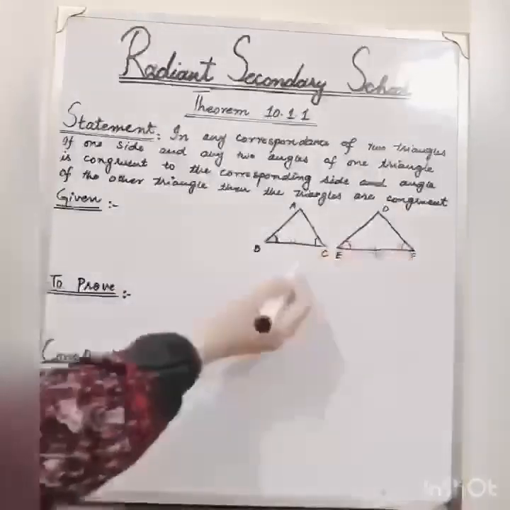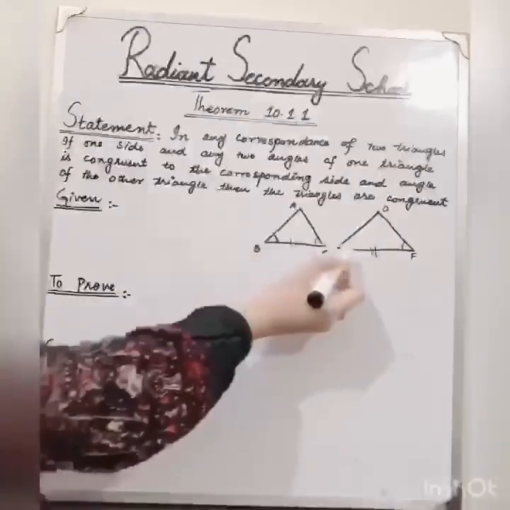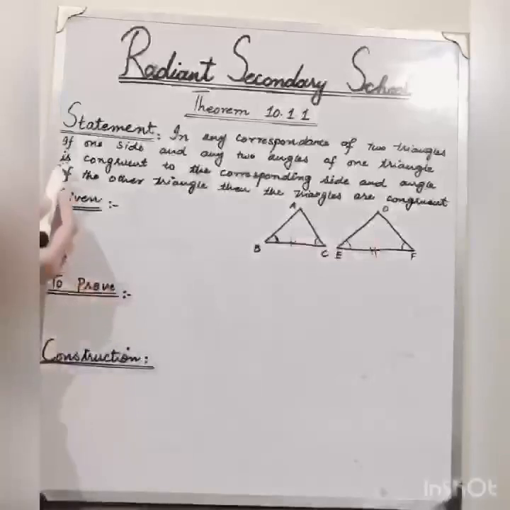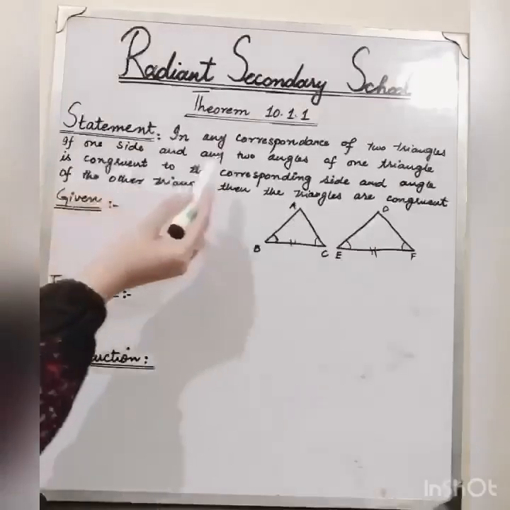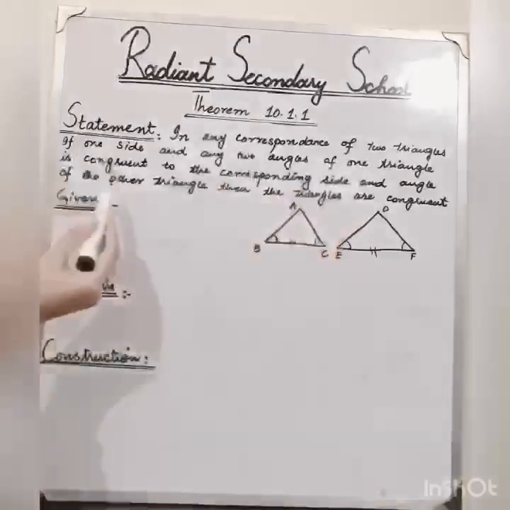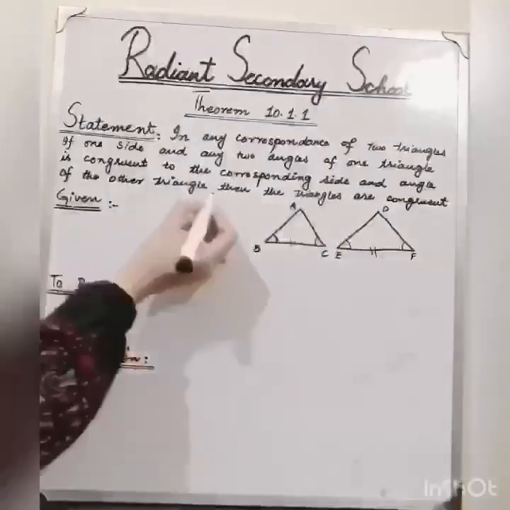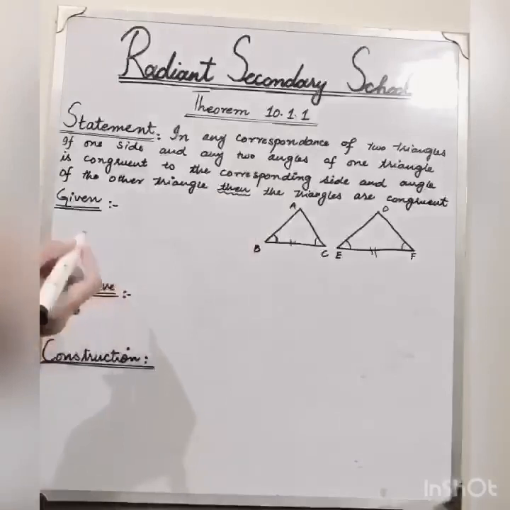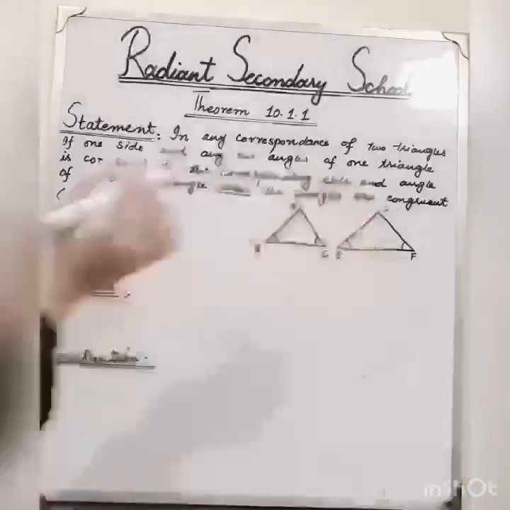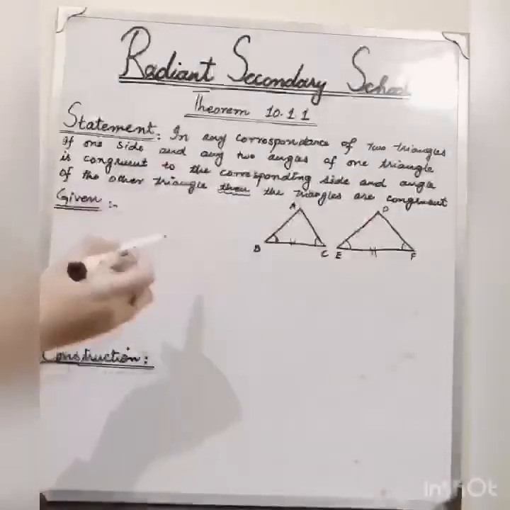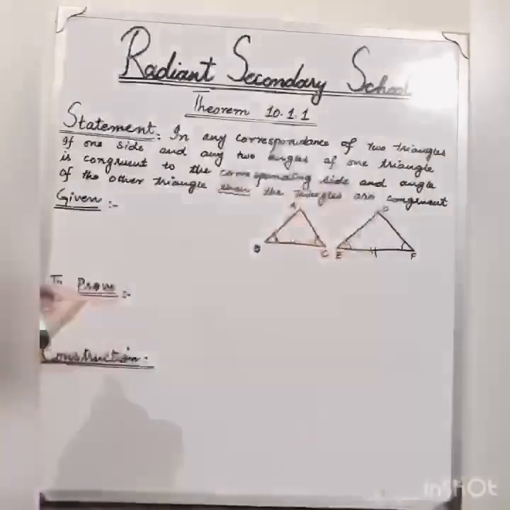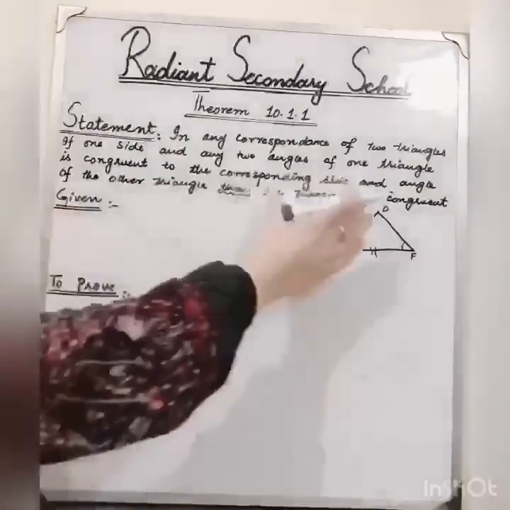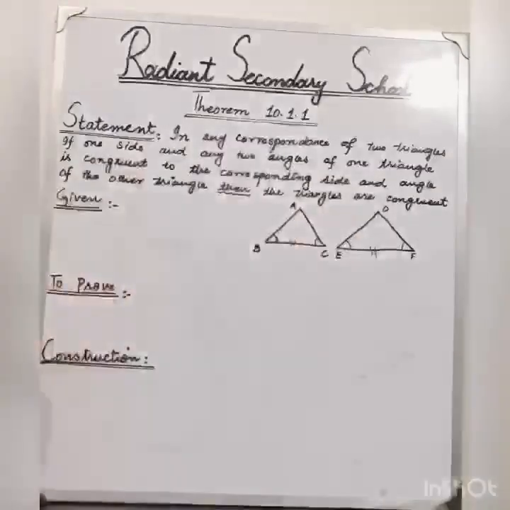So if one side and two angles of one triangle are congruent to the corresponding side and angles of the other triangle, then as we know that after this word we have to prove this thing. So after then what is written here, the triangles are congruent. So what you have to prove, that these two triangles are congruent.